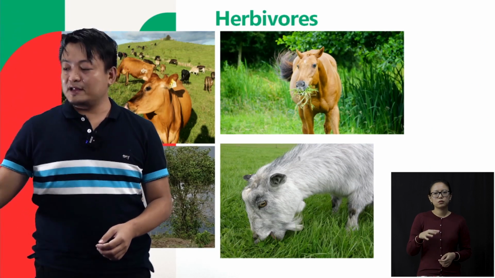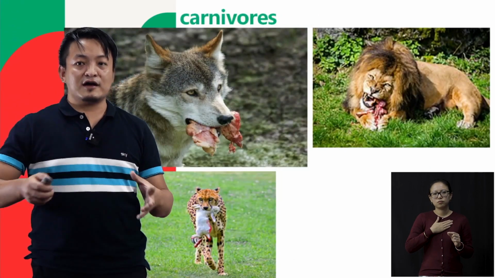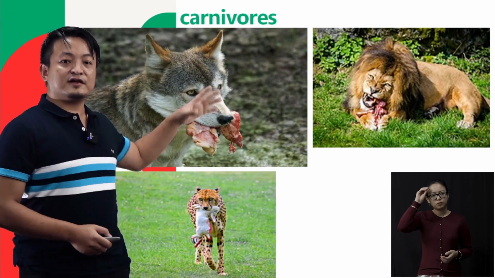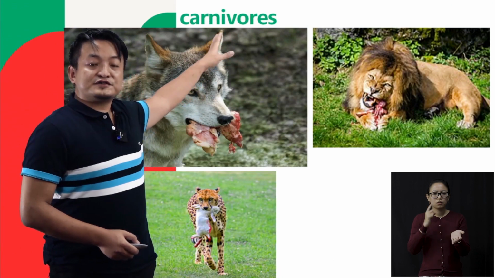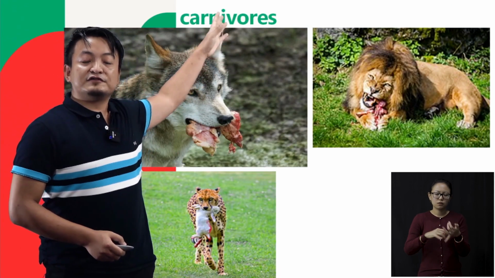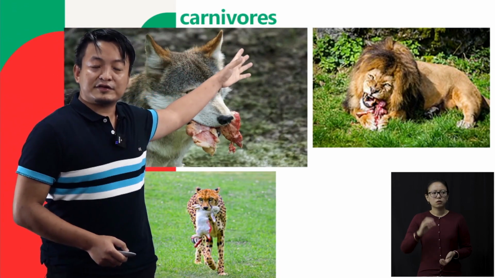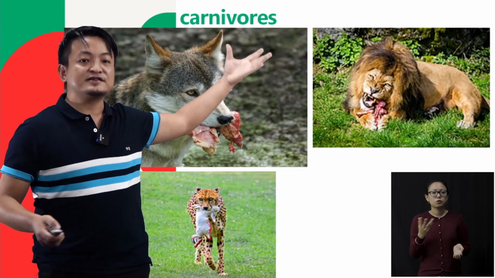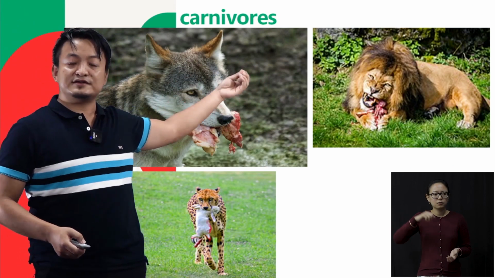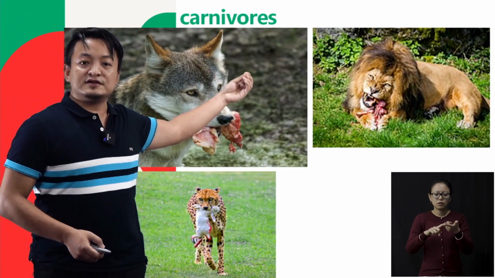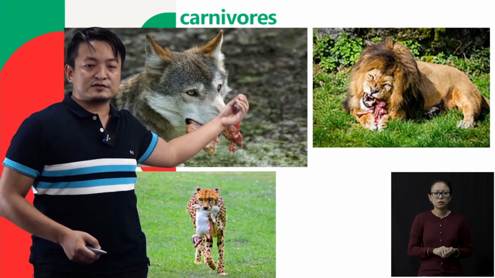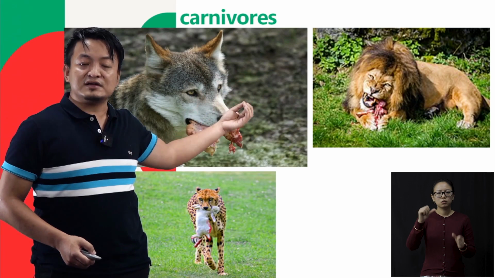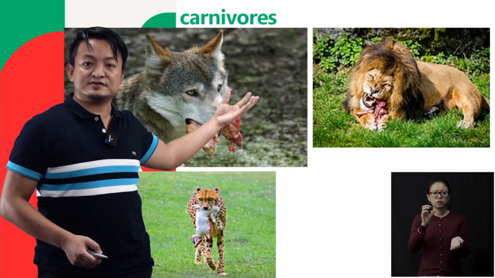Okay, now let's discuss carnivores. Carnivores. So here, see, the first word, car, refers to meat. Meat, and vores means eater. So we can say these are meat eaters. So carnivores are those animals which depend on the flesh, the meat, of other animals.